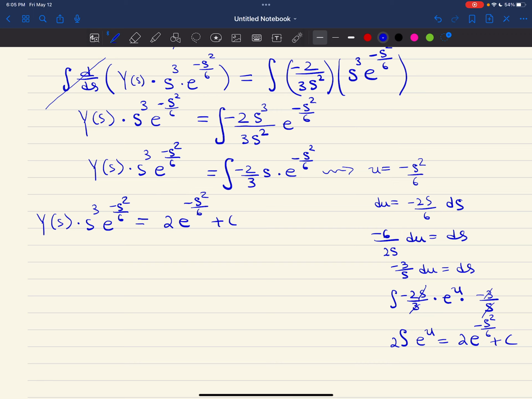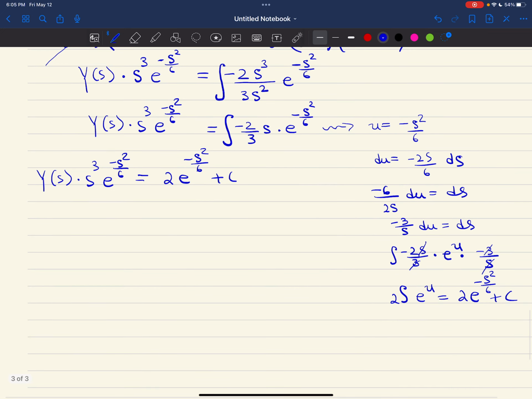Okay. And if you divide this on both sides, you would get something like 2 over s cubed plus c over s cubed e to the power of negative s squared divided by 6.